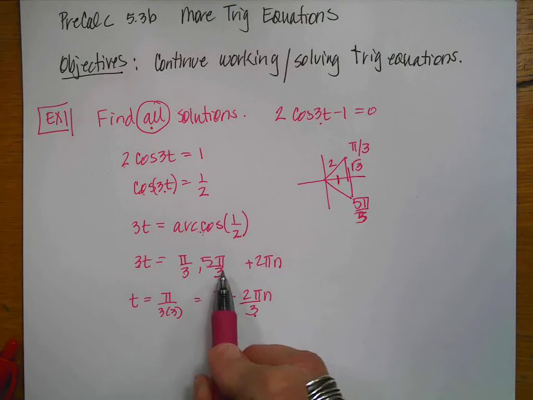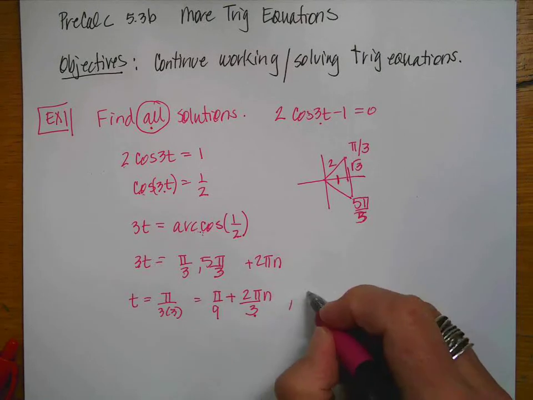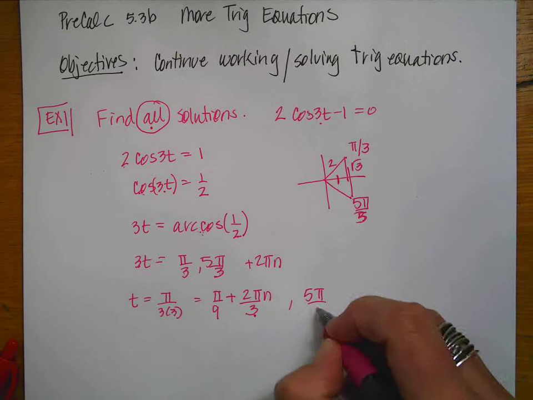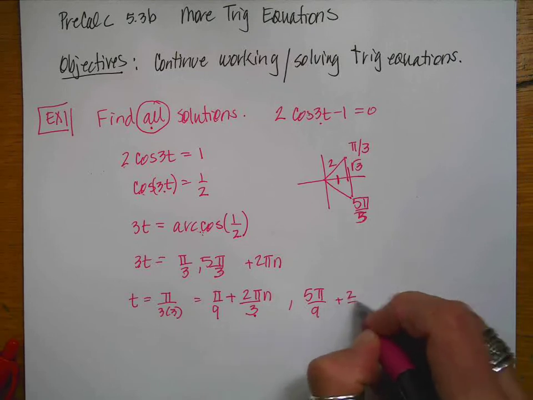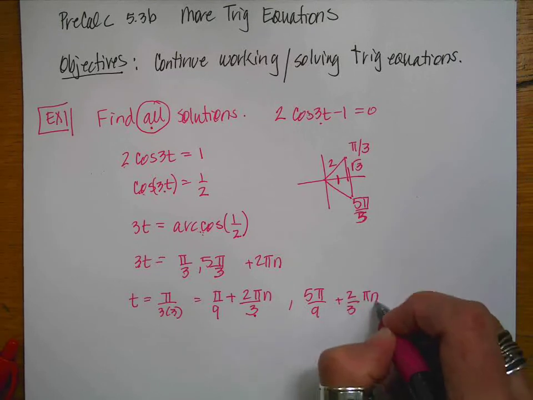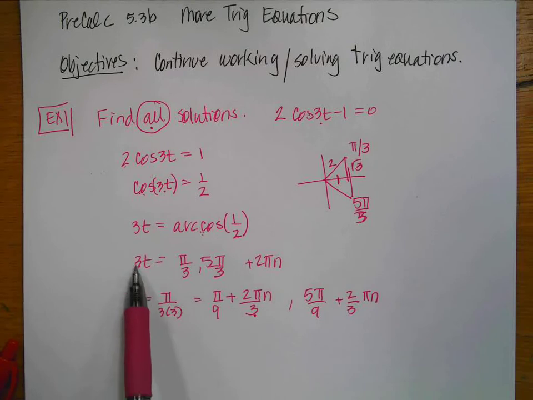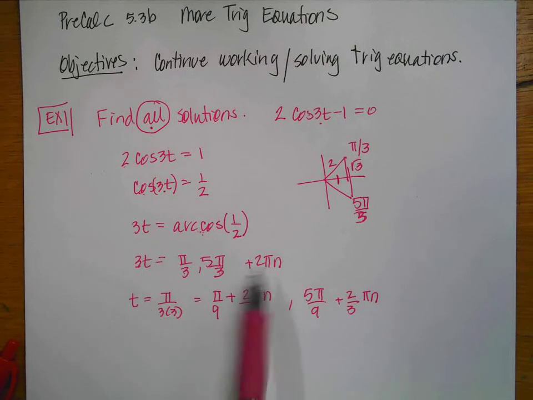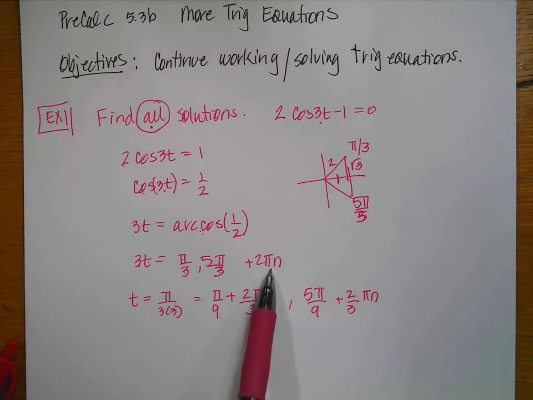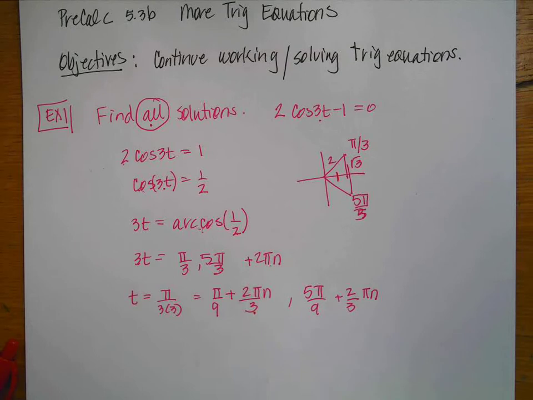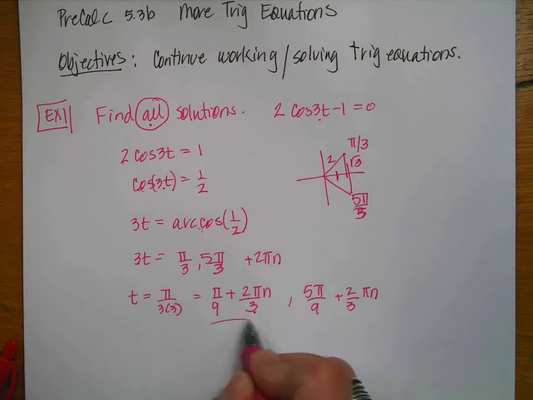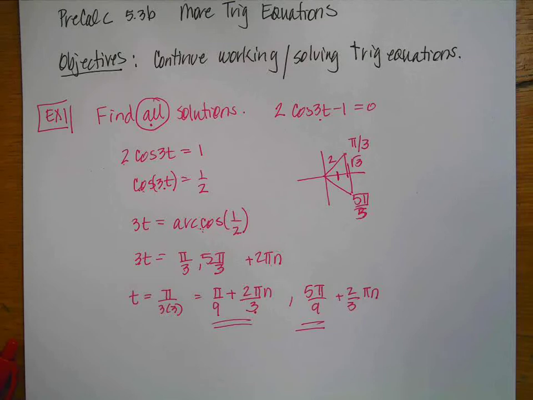So that's kind of entertaining. Then I'll do the same thing with this one, and it's going to be 5 pi over 9 plus 2/3 pi n. So if I am dividing both sides by 3, I also have to divide the period by 3 as well. And then these would be your two solutions.